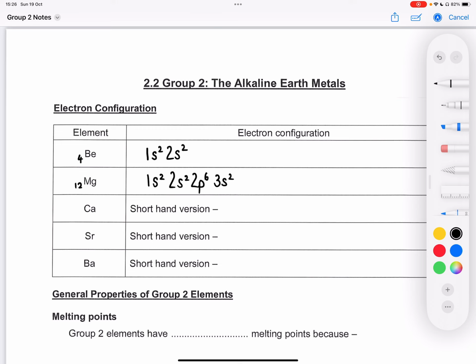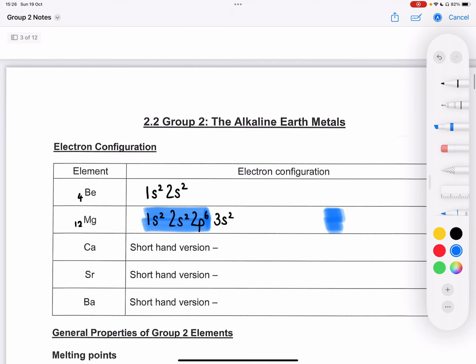Now, to save us carrying on writing everything out, we're going to use the shorthand. So just a quick reminder of what the shorthand was about. If we were to consider magnesium, what we want to do is look at the noble gas that comes before the element we're interested in. So we're looking at something that ends p6.